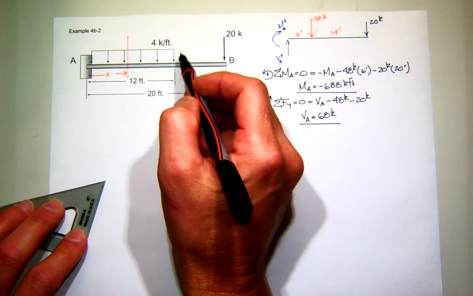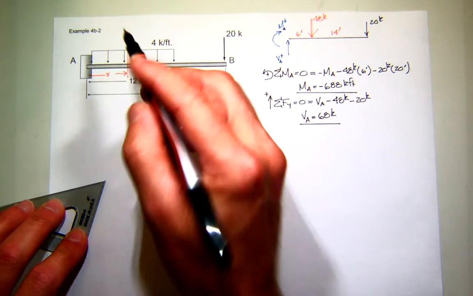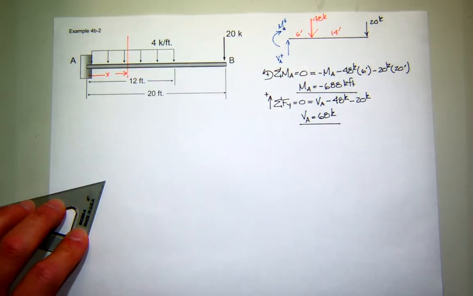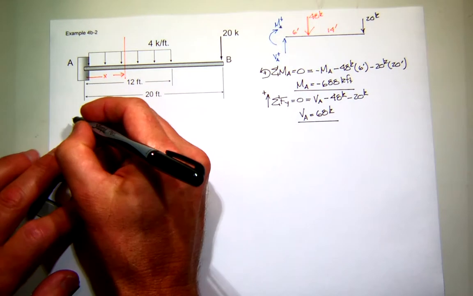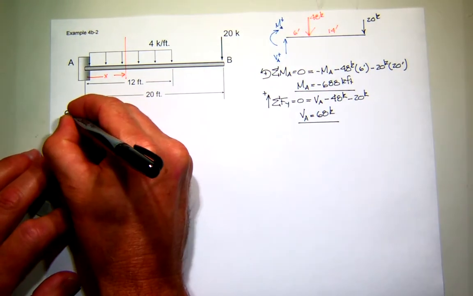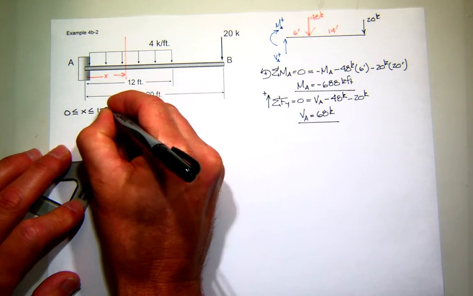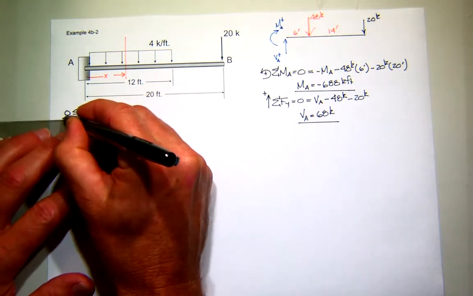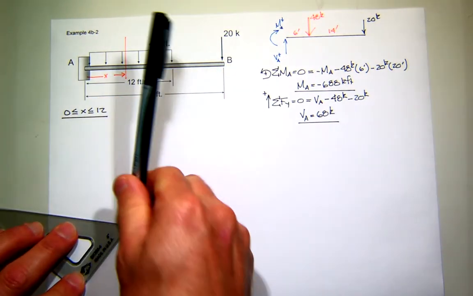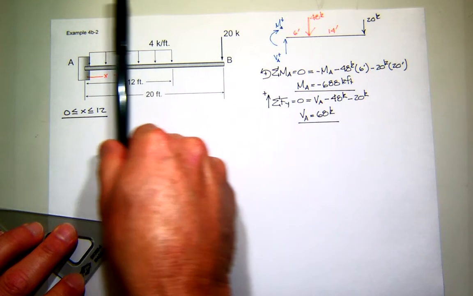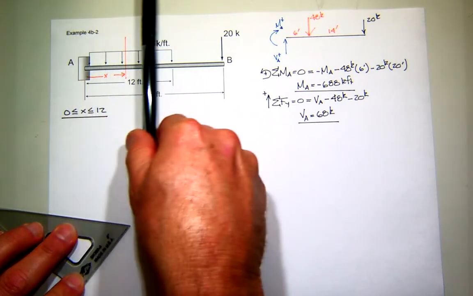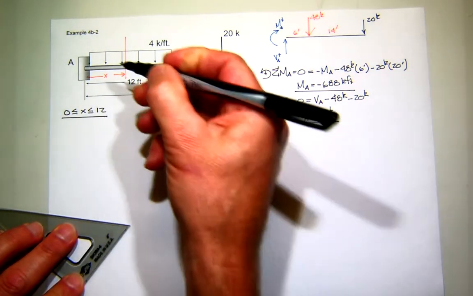Here it kind of starts and stops. So let's do the left side. So I'm going to write that this is going to be good for x between 0 and 12. So that means this can be any time between 0 and 12. And whenever we stop, we're going to look at the left-hand side.